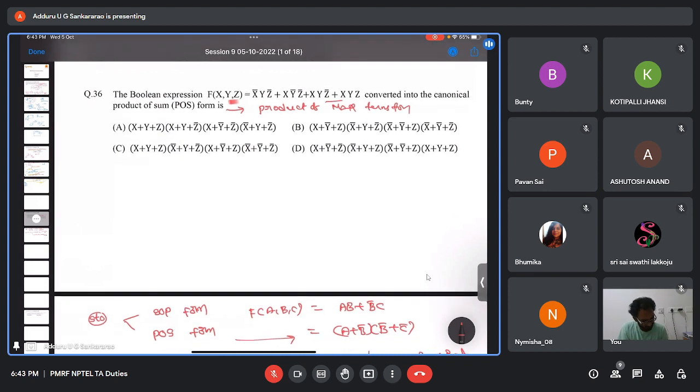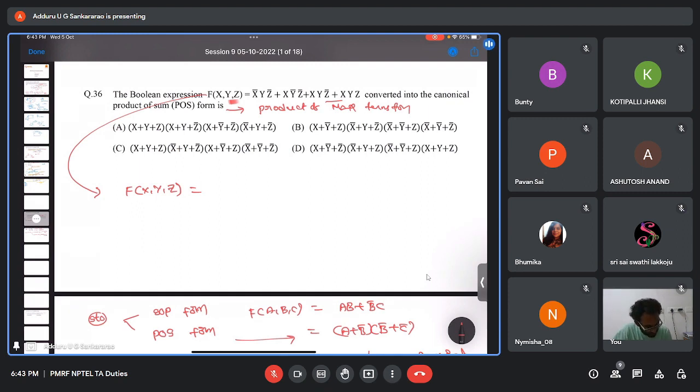Now, what is f here? F of x, y, z. In terms of minterms, what are the minterms here? In minterm representation, a variable is represented with 1, and a variable complement is represented with 0.